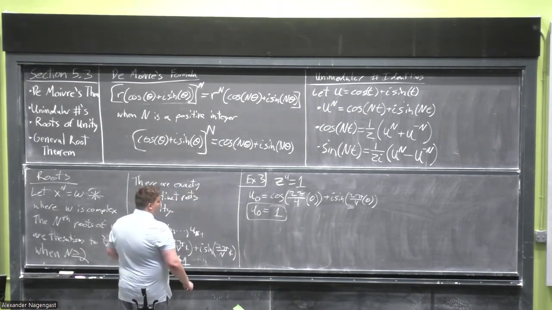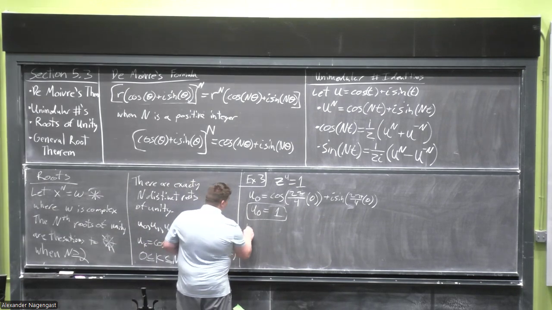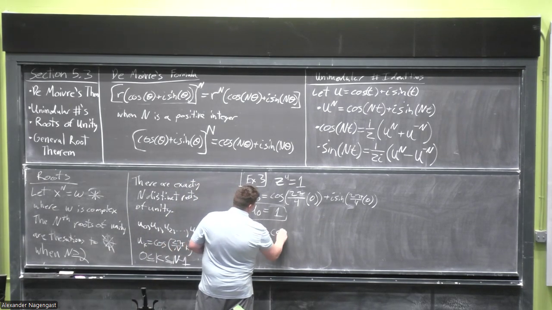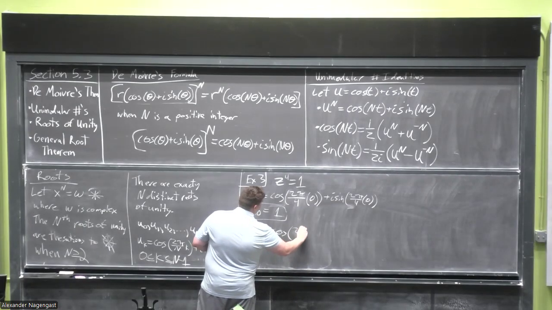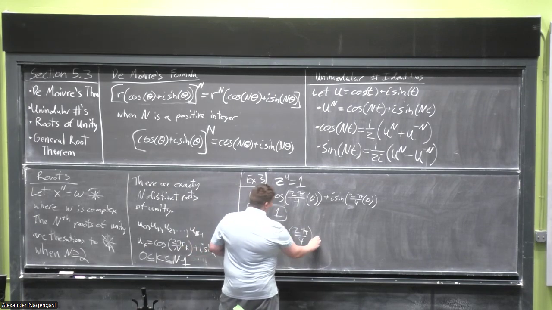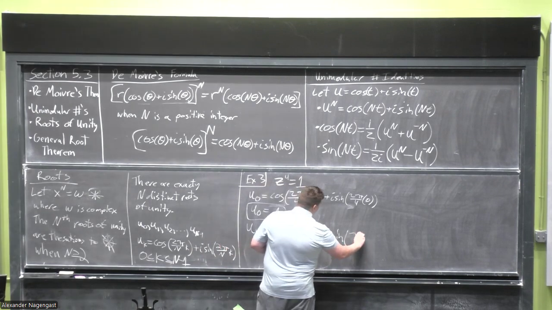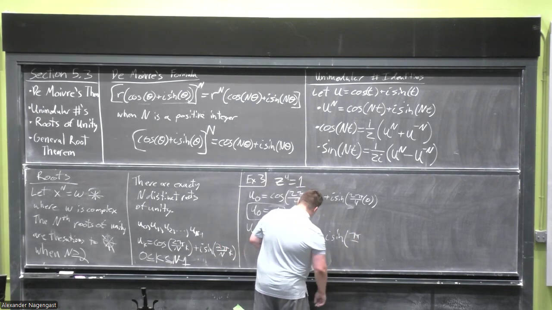So now we can look for u1, which equals cosine of 2 pi over 4, which is the same as pi over 2, plus i sine of 2 pi over 4 times 1, which is the same as pi over 2. Check.